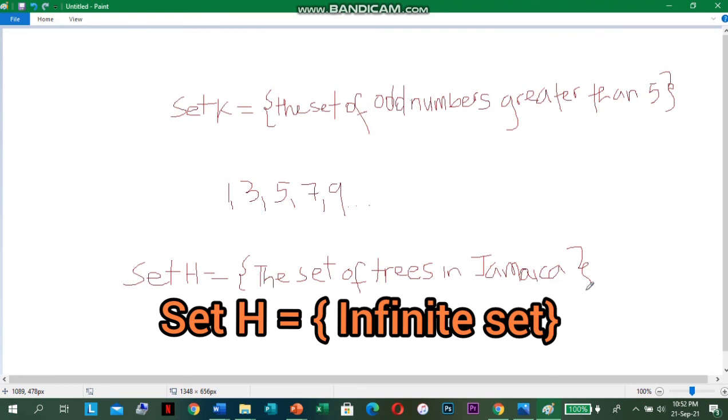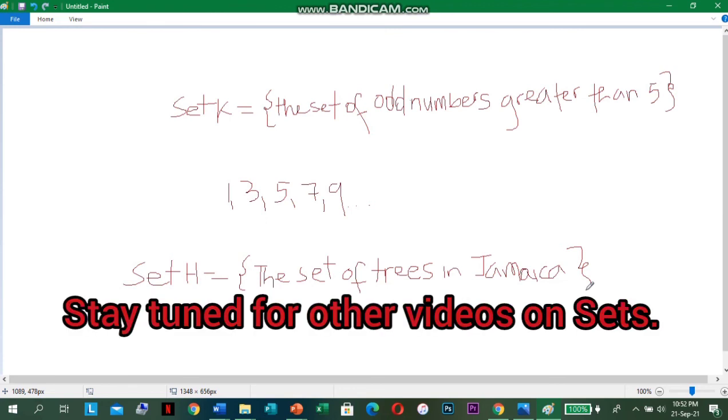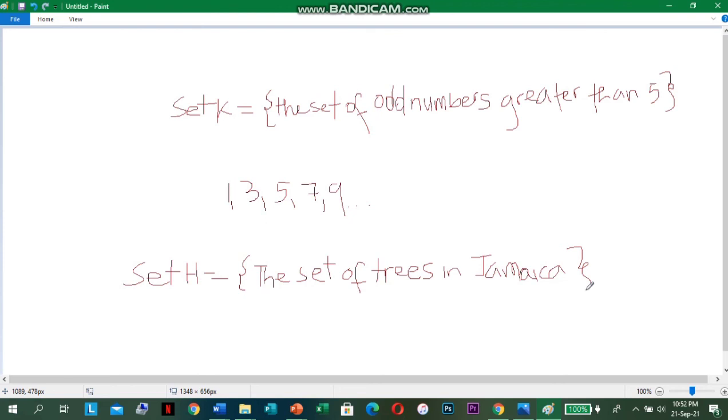It's not definite, it's not specific, it's not named. So the set of trees in Jamaica is an infinite set because it's too many to count. Bear these examples of infinite sets in mind. All right, so we're going to move on.